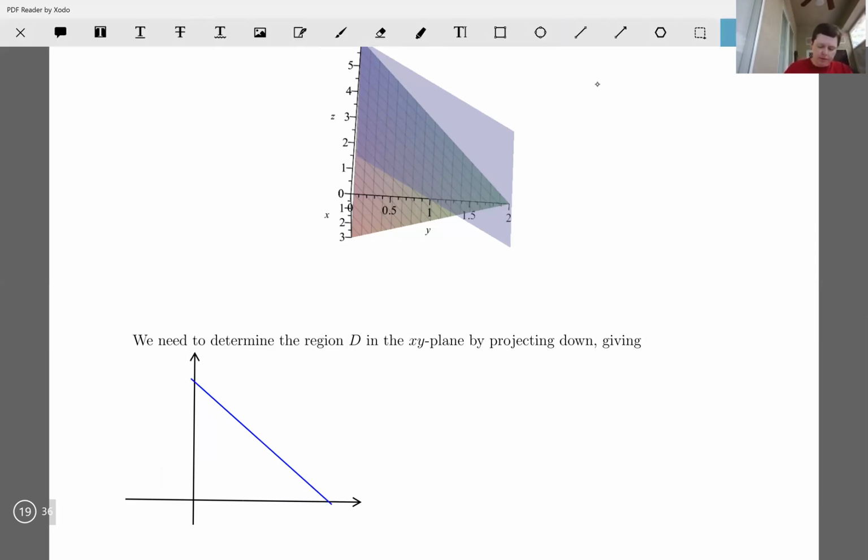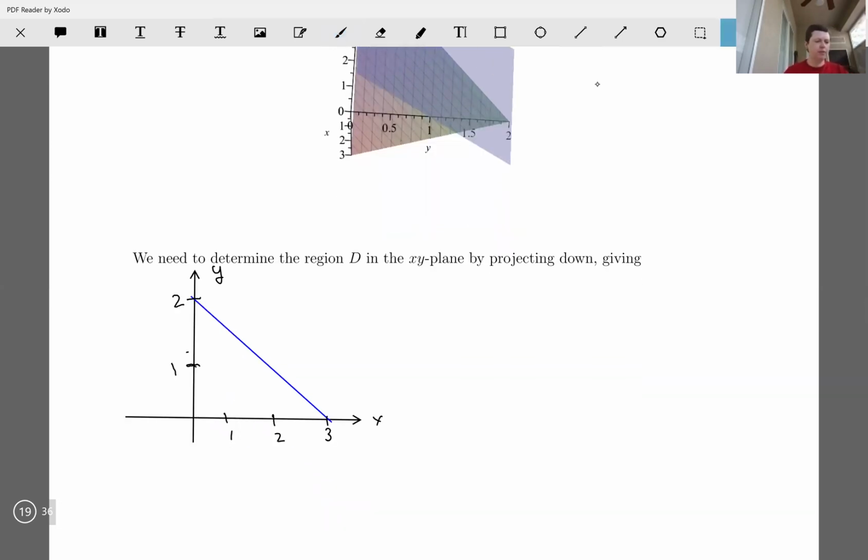This is our x-axis, this is our y-axis. This is 1, this is 2, this is 3. This is not to scale. This is 1, this is 2. So here's where we intersect.